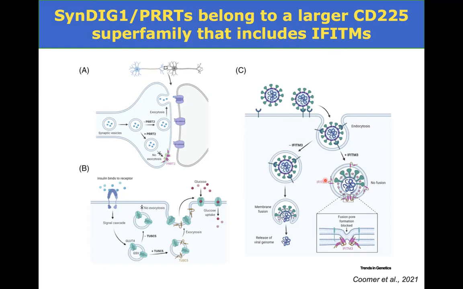These IFITMs are normally found in intracellular compartments. When a virus, such as the coronavirus, attaches to its target cell on the plasma membrane, it gets endocytosed and then transferred to endosomes. When it is transferred to endosomes, it will fuse with the membrane of the endosome, release the viral genome, and go on to make additional viral particles.